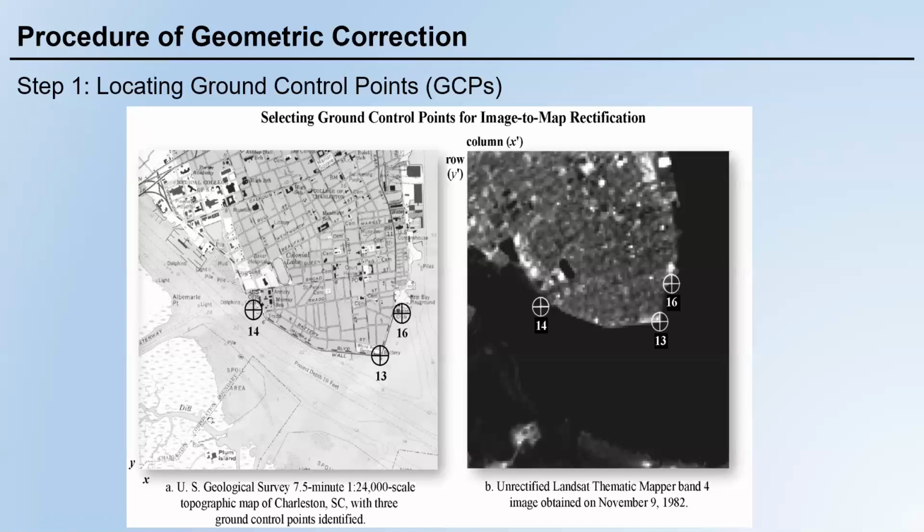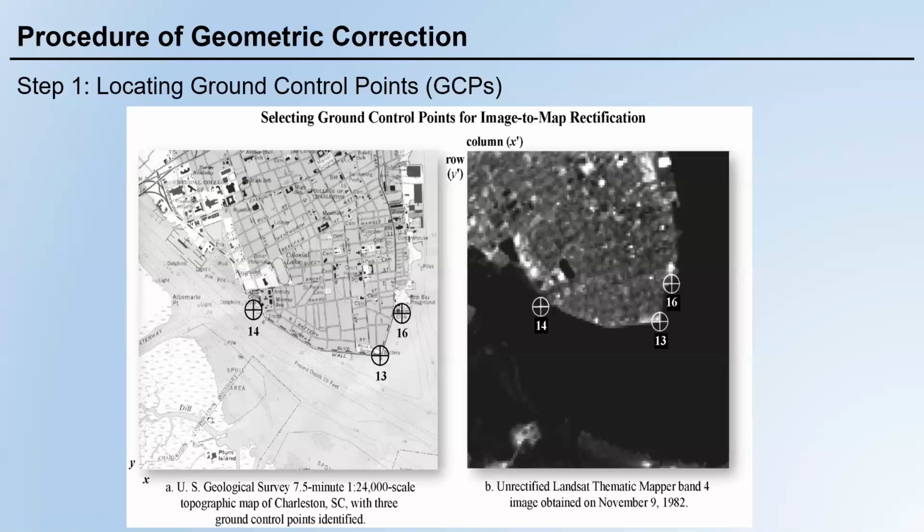Shapes, texture, and anything you can use to make sure that your GCP points can be accurately identified in your reference map and also accurately identified in your remote sensing image.